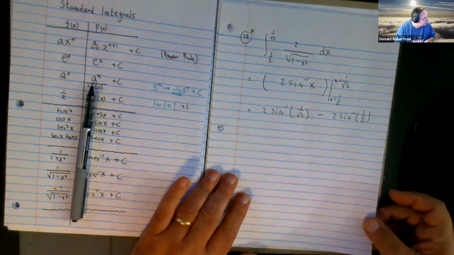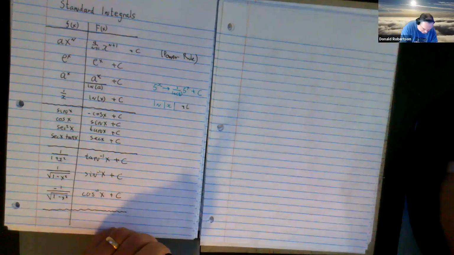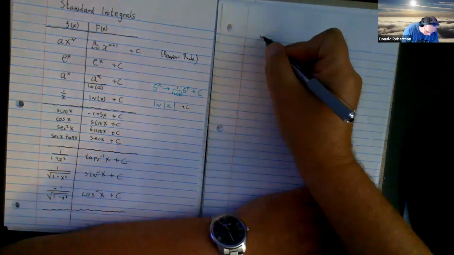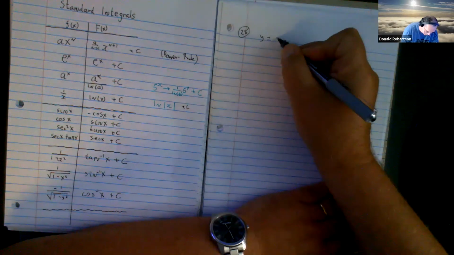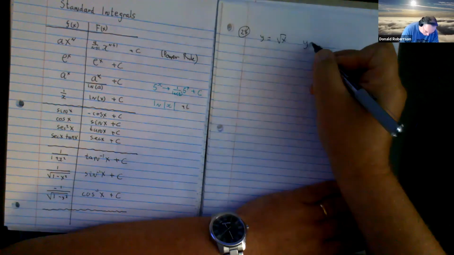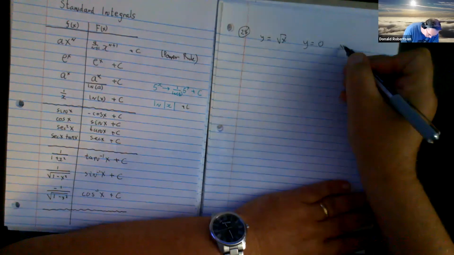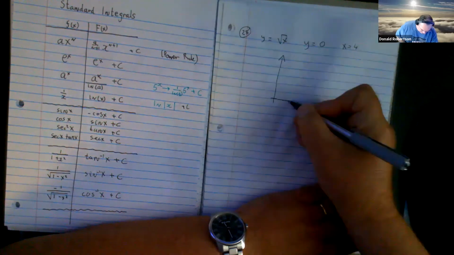Okay, next question involves us doing a sketch of something and then calculating it. So in this question, it's 28. And the function we've got is this guy. And it's bounded by y equals 0. And then it's bounded by x equals 4. So I'm going to try and draw a very primitive sketch of what that would look like.